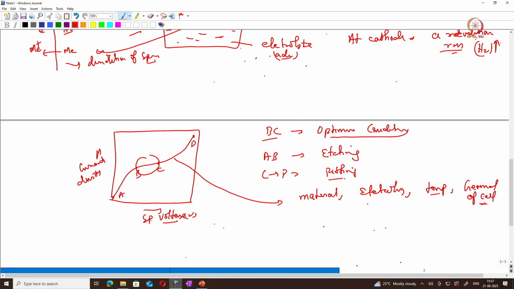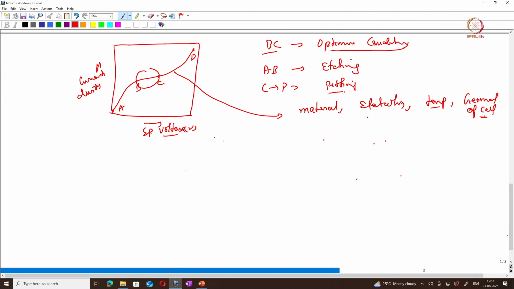Okay, so these are the 4 conditions which can change the shape of this curve. And in this B to C position where the current density doesn't change with the voltage much, that is the optimum condition.